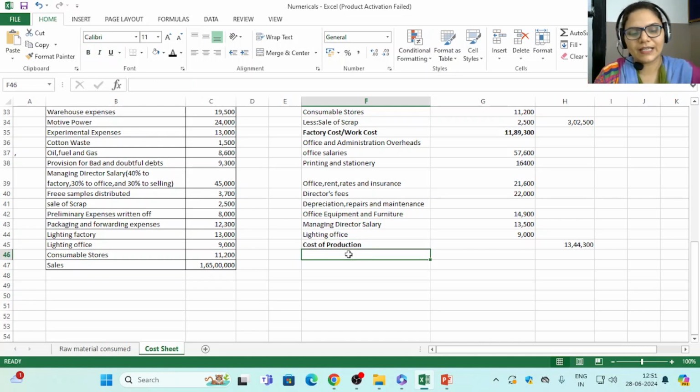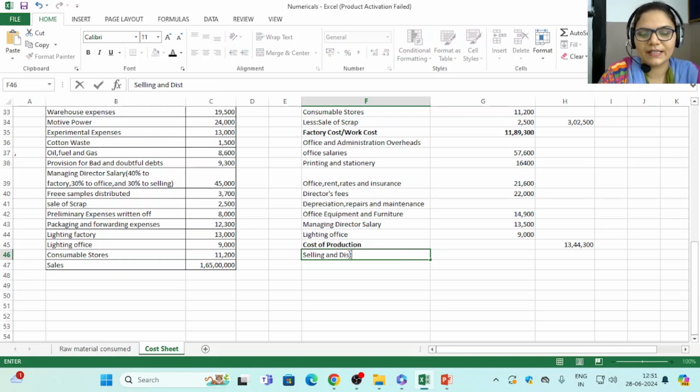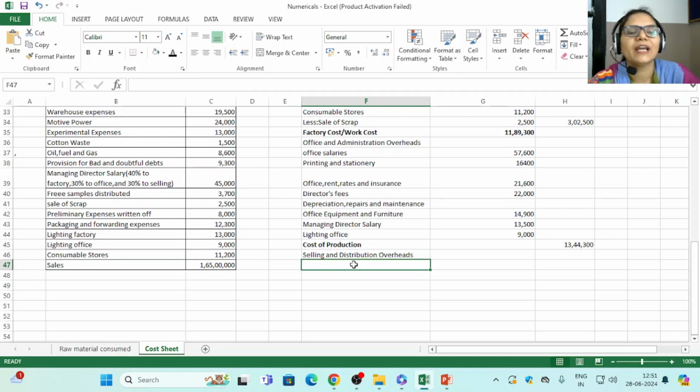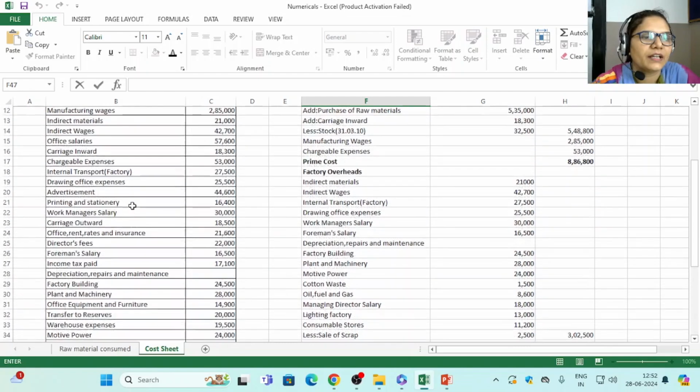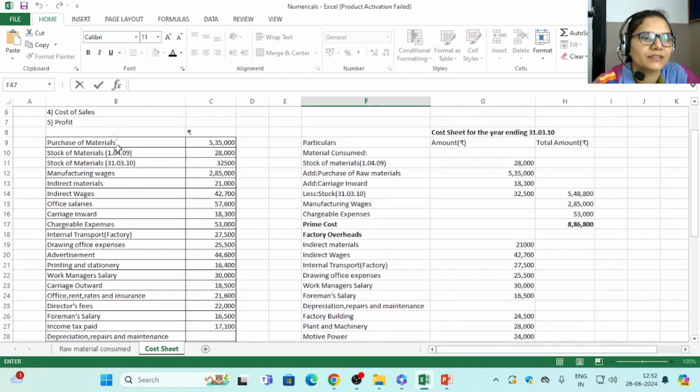Next is selling and distribution overheads. In selling and distribution overheads, we add all those overheads which are a part of the selling process of a manufacturing concern. Let's find out what expenses can be added.